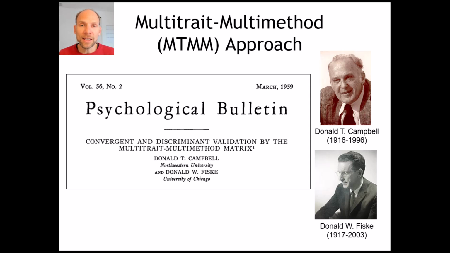So obviously MTMM has something to do with construct validity and construct validation, and specifically with finding out about convergent and discriminant validity. So let's first of all clarify what we mean by convergent and discriminant validity, so that we will have an easier time understanding the MTMM approach and the MTMM matrix and what it is about.